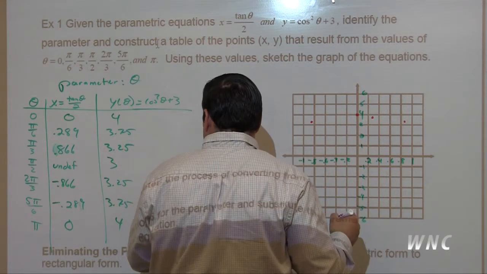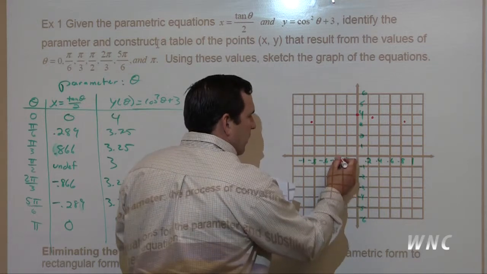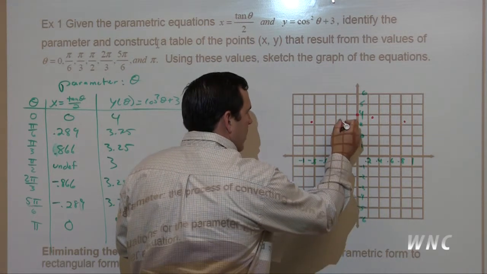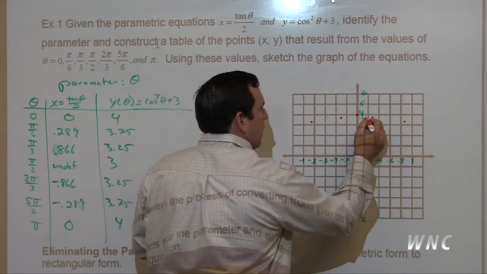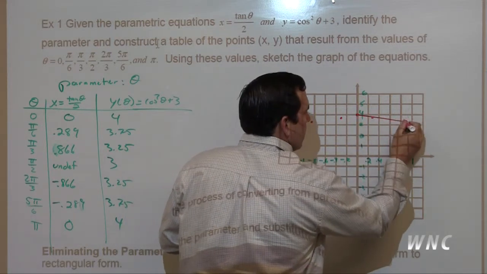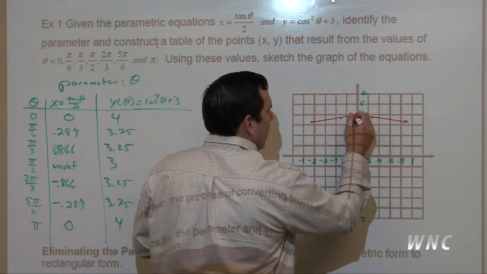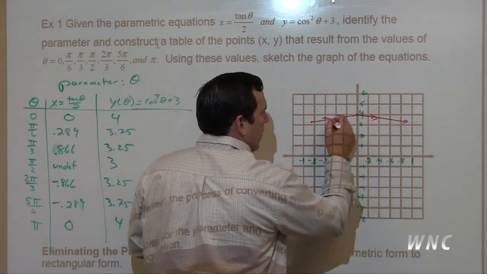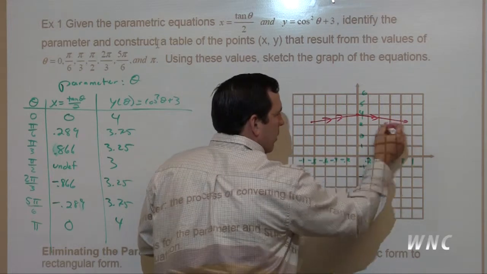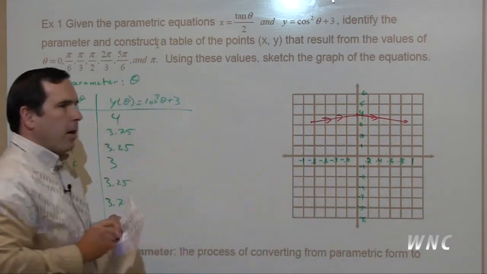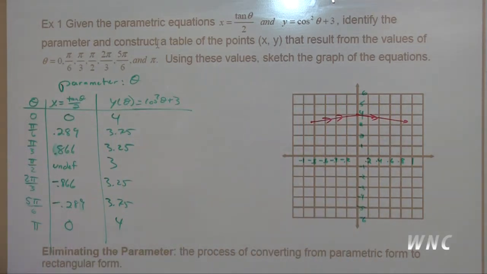And then negative 0.289, so basically negative 0.3, 3.75, and then 0, 4. So it's going this direction, and back that way. If we kept on going, we see values going like that, starting back here, going to there. And there's the graph of these parametric equations.